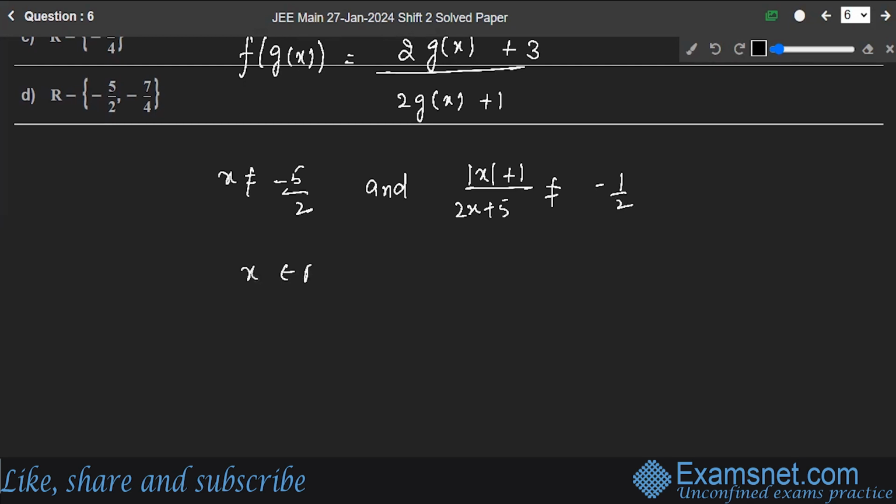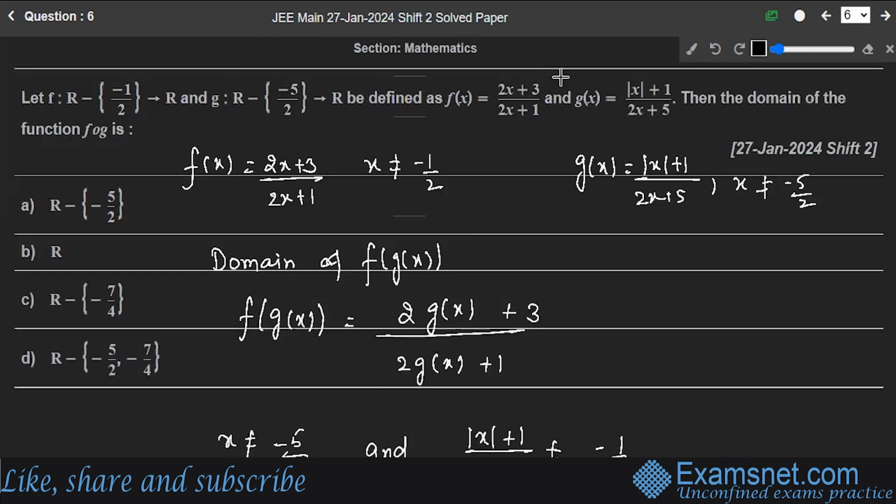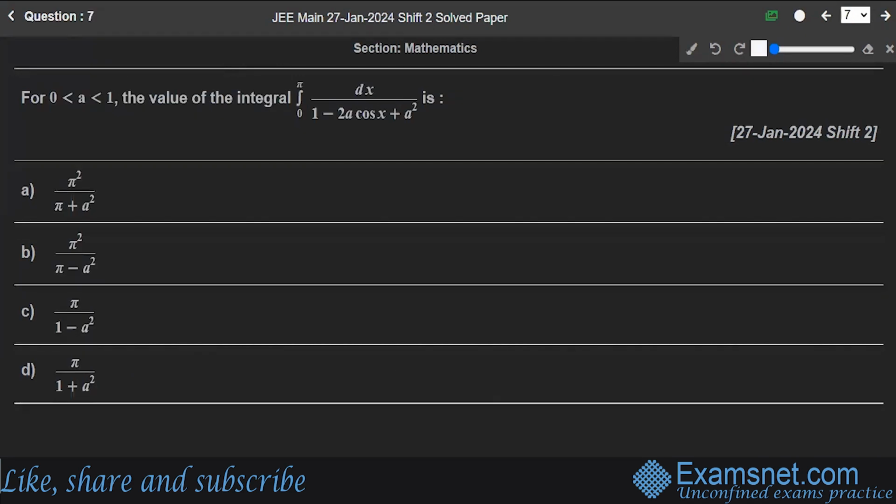That means x belongs to all real numbers except minus 5 by 2, and it belongs to all real numbers also. So domain will be given by all real numbers except minus 5 by 2. So that makes option A. Question number 7, for a line between 0 and 1, you have to find out the integral value for this function.